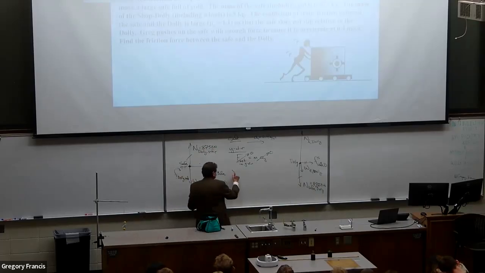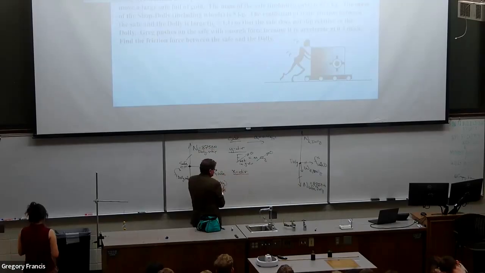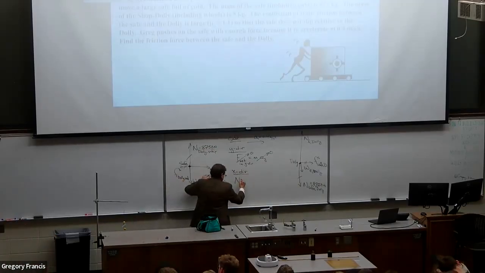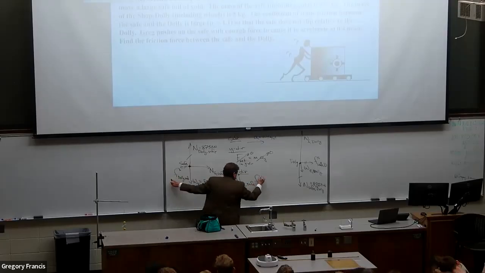Now, in the x direction, again, F net equals ma. Well, I've got the normal by the Greg on the safe, and that's in the positive direction. I've got the static friction by the dolly on the safe.